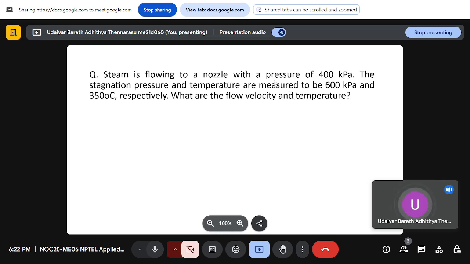So this is similar to what we did. It's just the other way around. Since for both the stagnation property and the flow condition, your entropy is the same because it's an isentropic process, we will first find out entropy, and then we can find out the actual flow temperature, and using that we can find out enthalpy, and using the enthalpy we can find out the flow velocity.